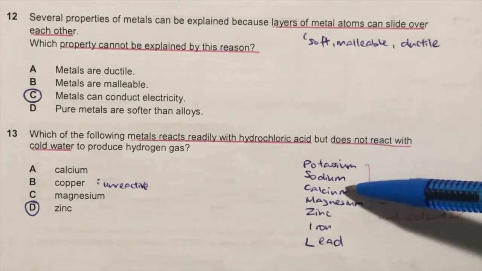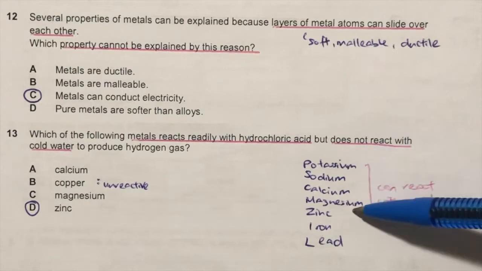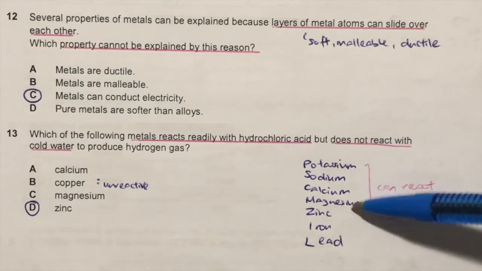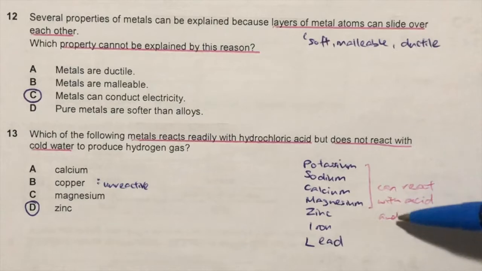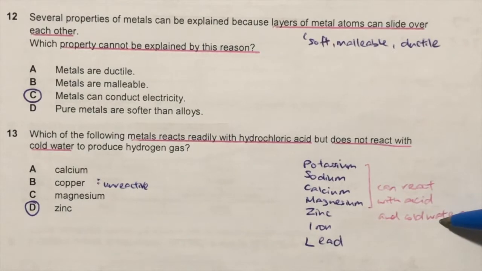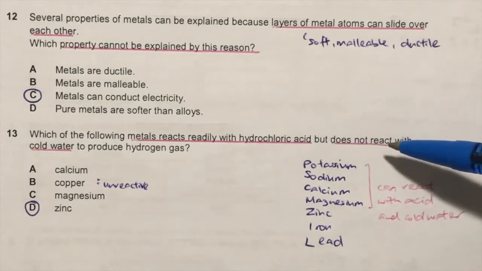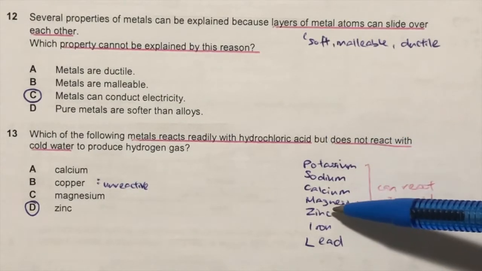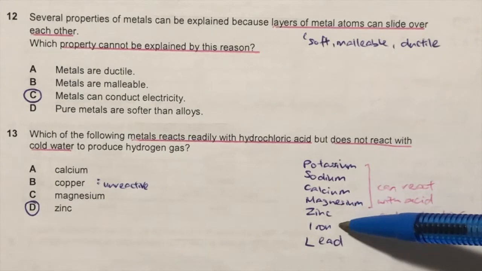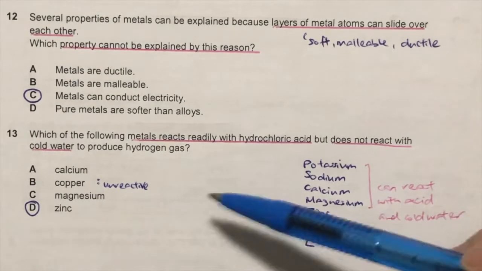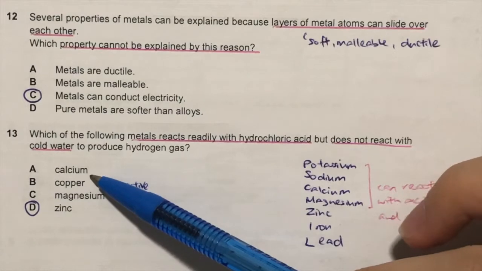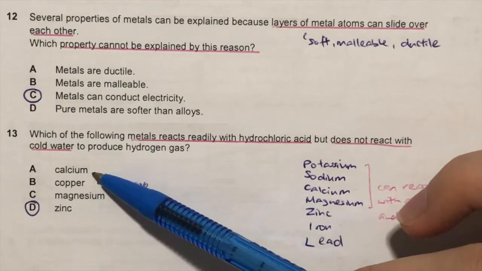Okay, we left out carbon because carbon is not a metal. So potassium, sodium, calcium, magnesium, these are the four that can react with acid and can also react with cold water. So what is the metal that can react with acid but cannot react with cold water? That would be zinc or iron. Calcium cannot be the answer because calcium can react with both.